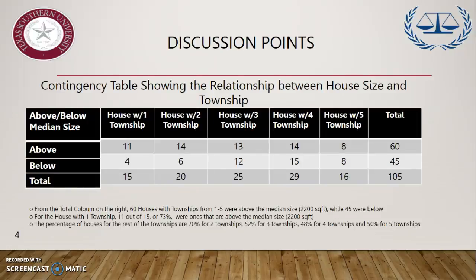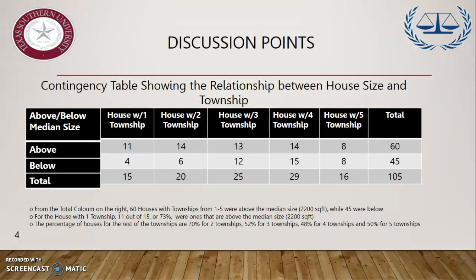Before I get into the contingency table that I've constructed, I want to preface it with how I came up with this data. In the interest of time, I'm just going to briefly describe it. I took the real estate data, and in order to make my variables of interest and figure out what to compare, I found the median.